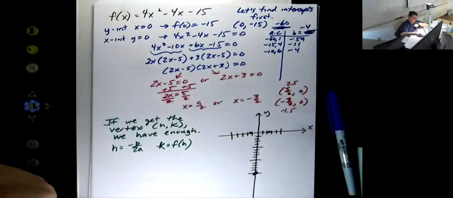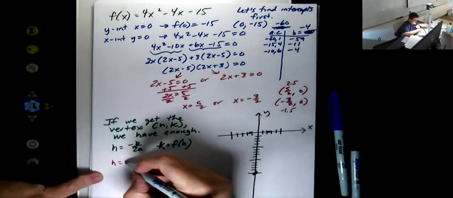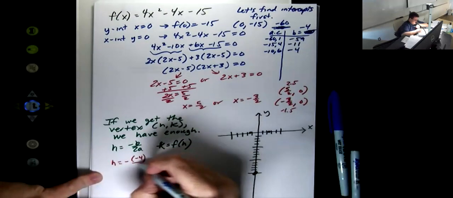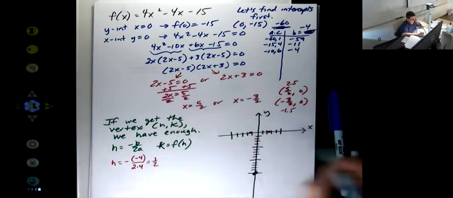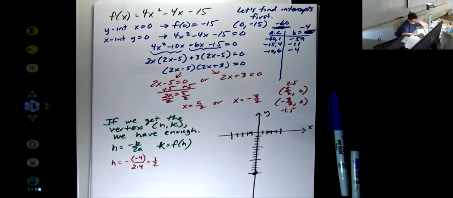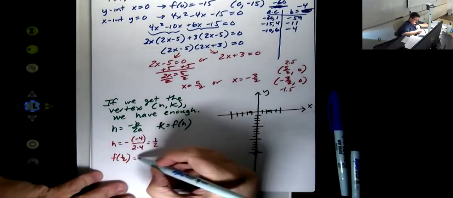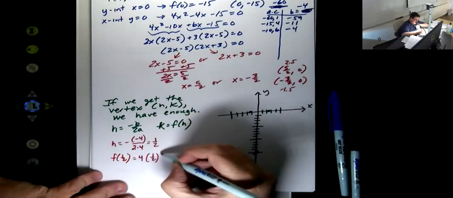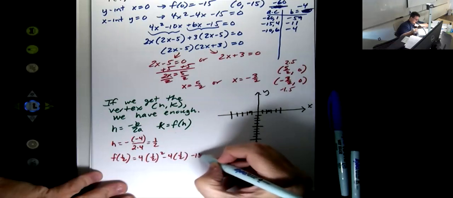So -b over 2a is -(-4) over 2 times 4, which looks like 1/2. f of 1/2 is 4 times 1/2 squared minus 4 times 1/2 minus 15.